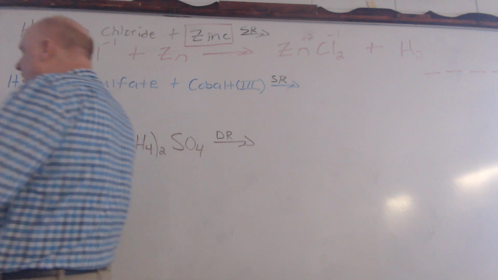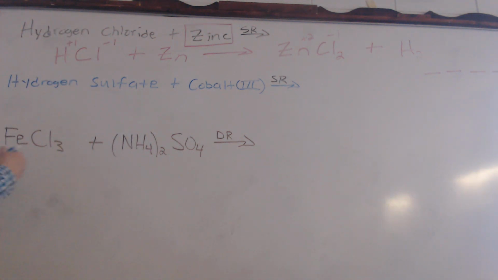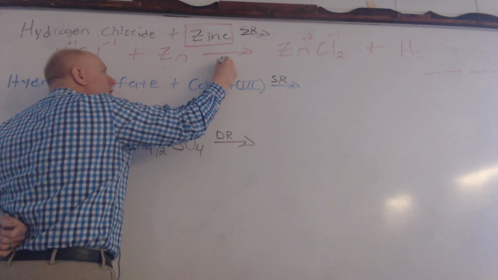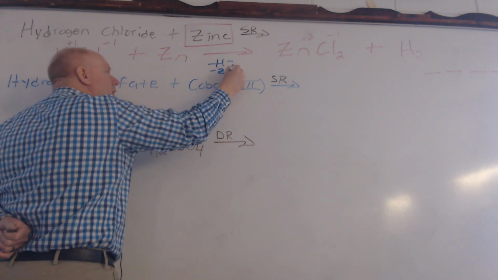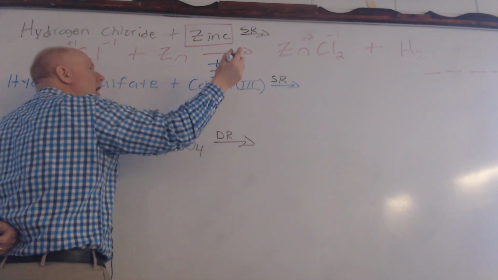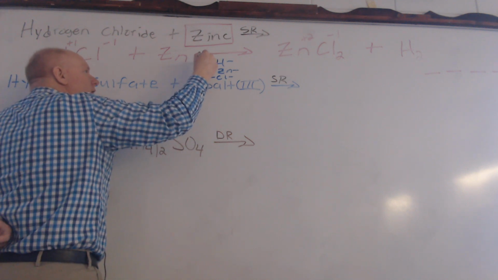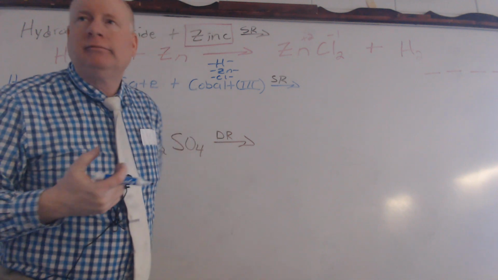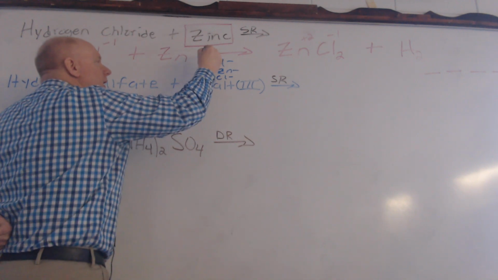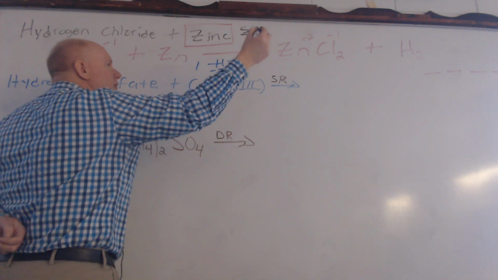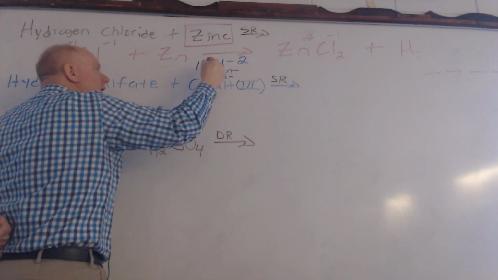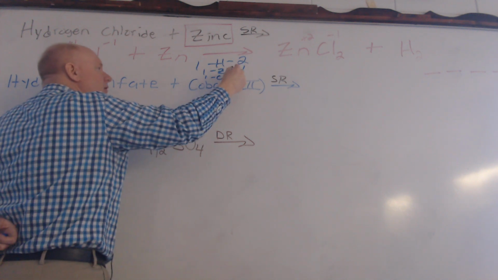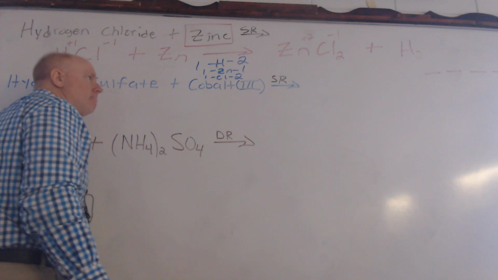What is the best way to approach balancing this? Give me some elements. We've got hydrogen, zinc, and chlorine. Hydrogen's left, hydrogen's right. Zinc's left, zinc's right. Chloride's left, chloride's right. Okay?